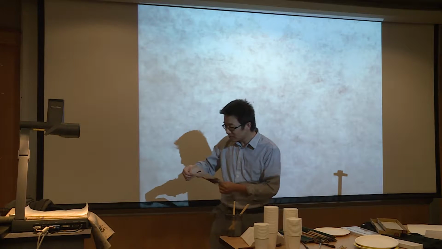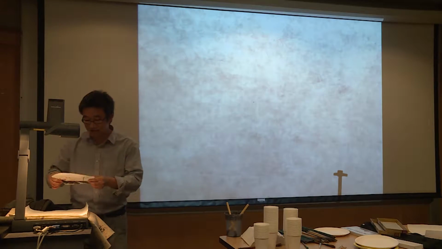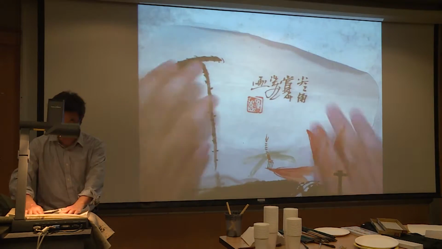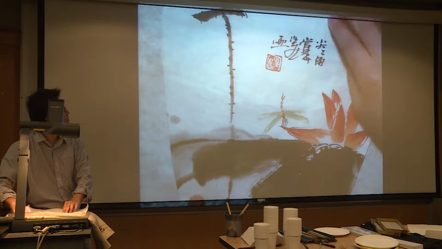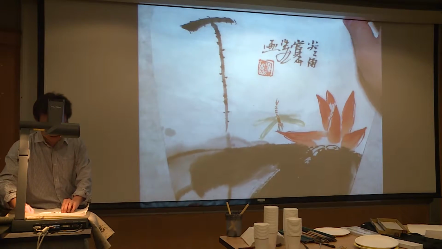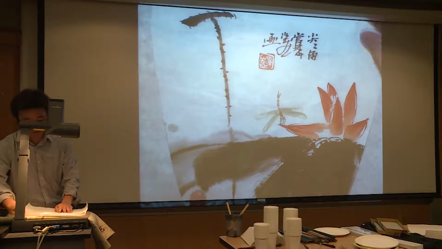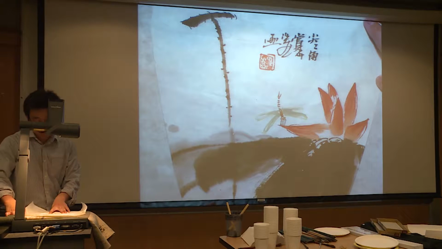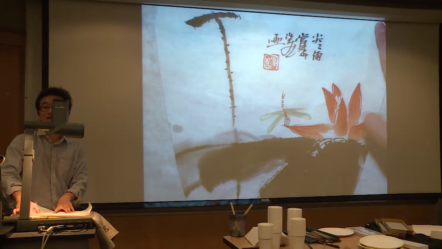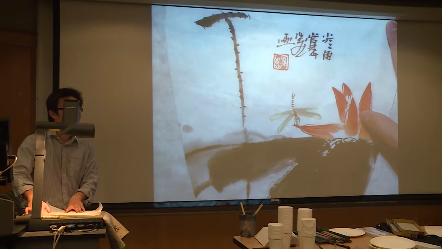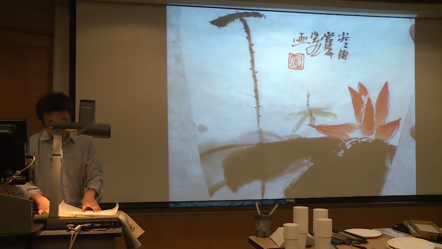Here, let me show you one piece of example. Can everybody see that? This is the simple painting that we're going to experience today. Can anyone tell what flower this is? Yeah, lotus.